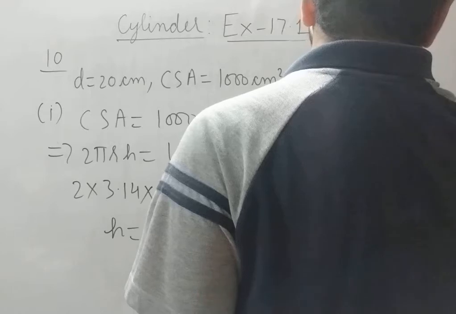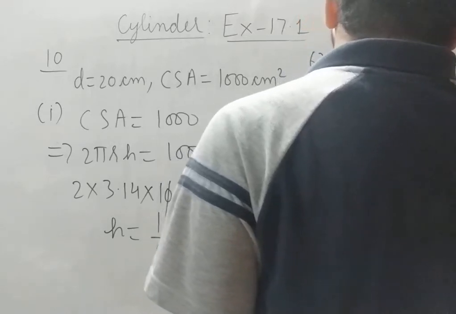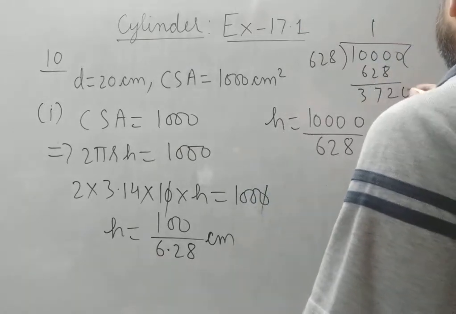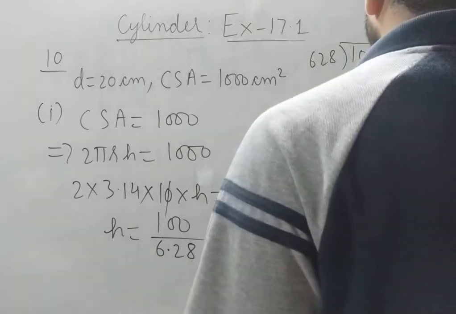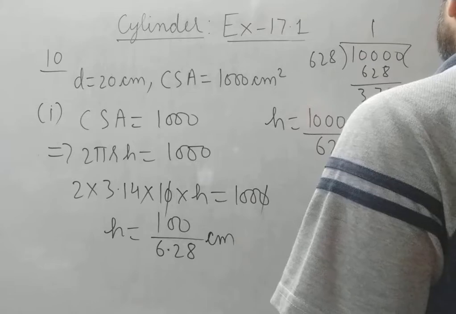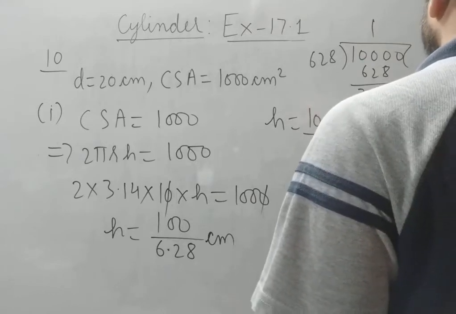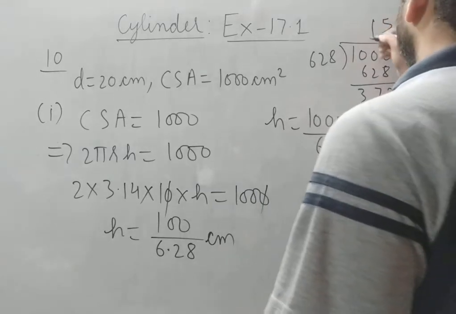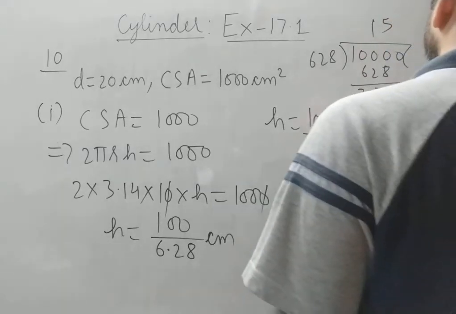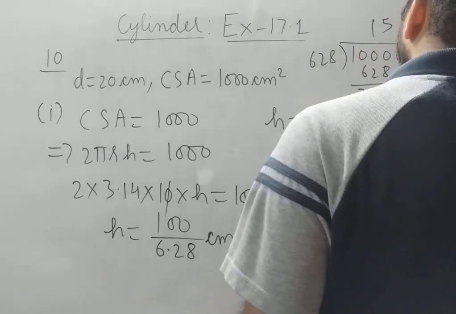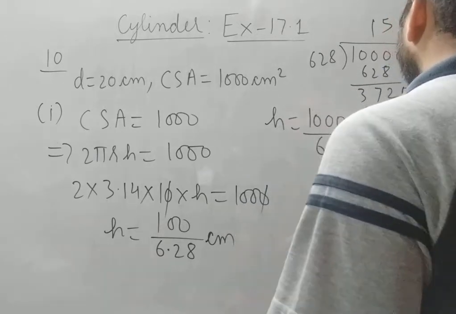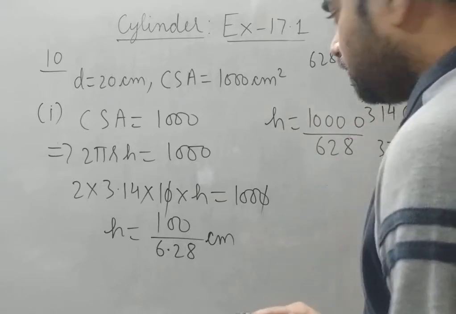1. Correct? Next, 6. So we can take 5. It means that will come. Correct? That will come here.